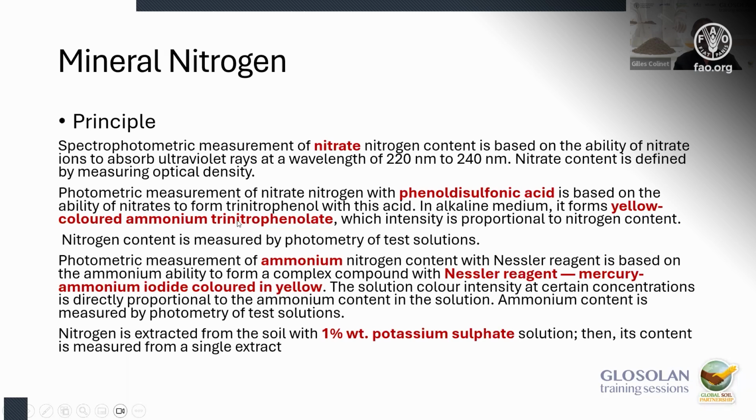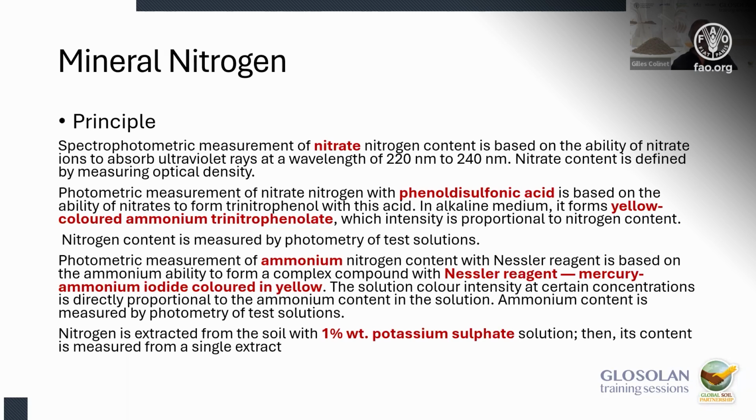It's ammonium trinitrophenolate. It gives a yellow color, and the intensity of the color is proportional to the nitrogen content. Then after you make this coloration, you put the samples into a photometer.